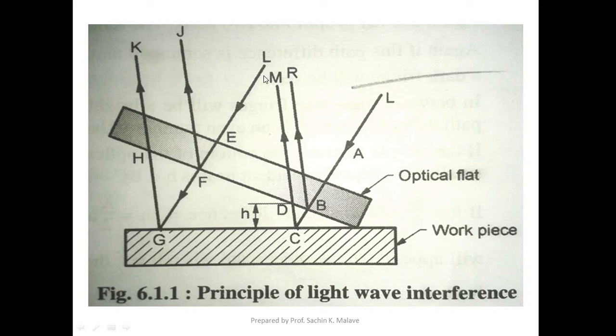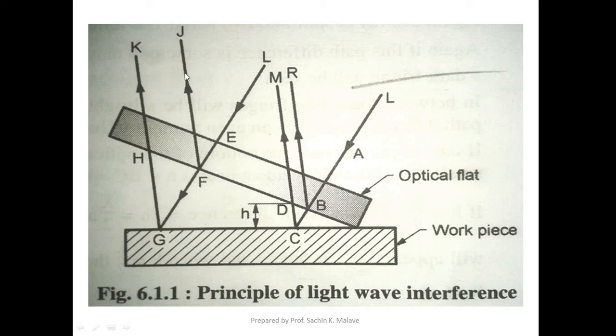Okay, so again similar to M and R, these two rays J and K will either be in phase or out of phase depending upon this distance, depending upon distance FGH.